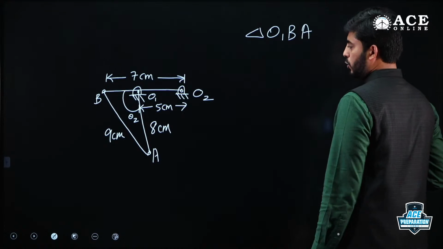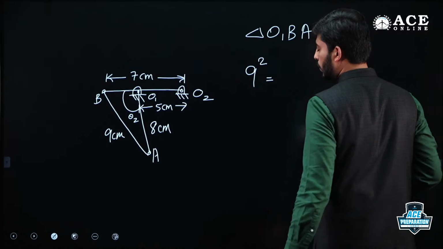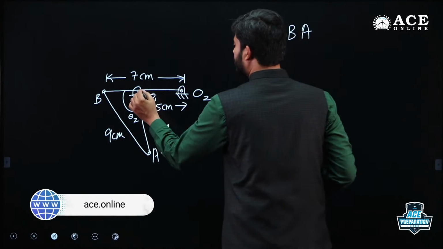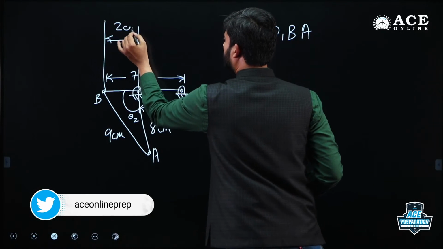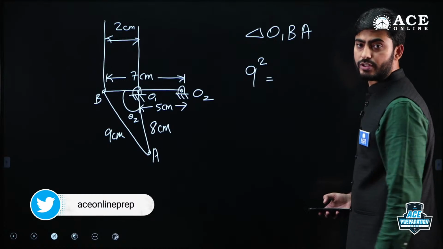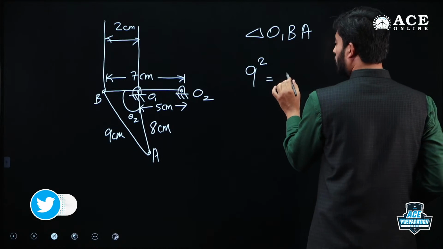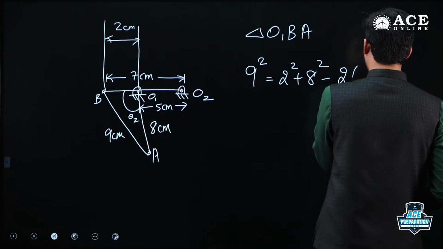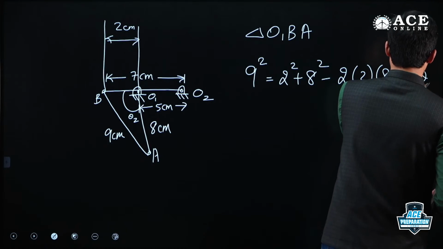Okay. So here 9 square is equal to, this dimension would be 2 centimeters, guys. So 9 square is equal to 2 square plus 8 square minus 2 into 2 into 8 into cos theta 2.